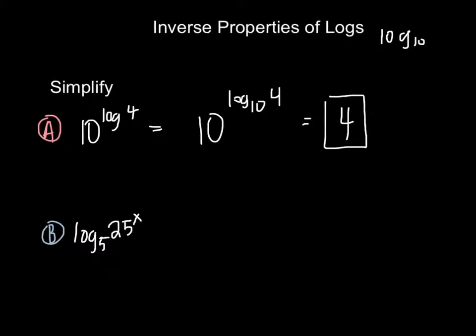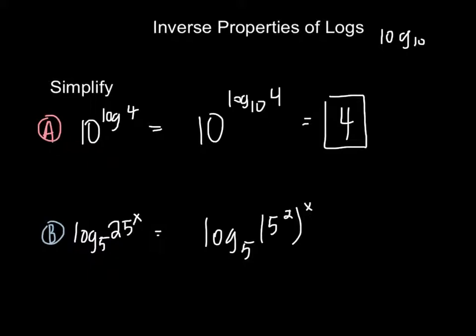Now we have log base 5 of 25 raised to the x. So we have this equivalent to log base 5, and 25 is the same thing as 5 squared. So we'll just write that as 5 squared, and once again raised to the x.